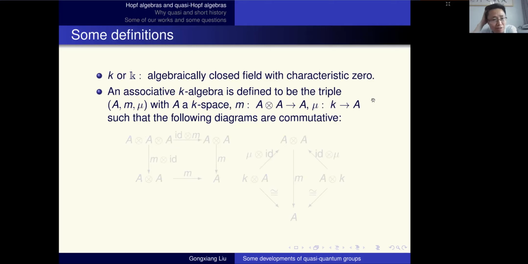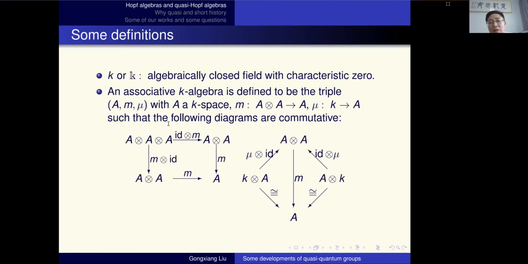Everybody knows an associative K-algebra is defined to be a triple, where A is a K-linear space, and M, sometimes we call it multiplication, is a linear map from A tensor A to A, and mu means a unit, a map from K to A, such that the following diagrams are commutative.